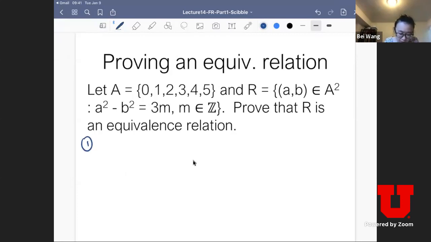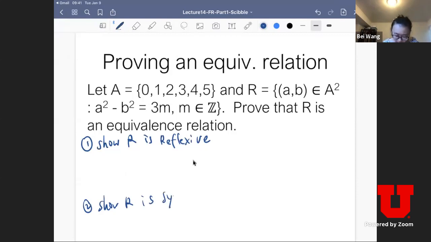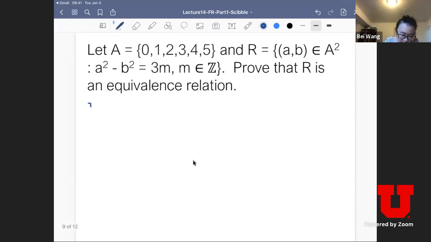Number one, we need to prove it is reflexive. Number two, we need to prove it is symmetric. And number three, we need to prove that it's transitive.